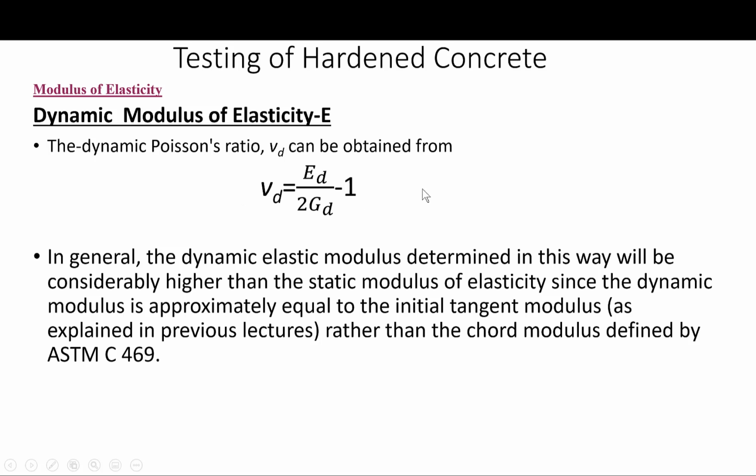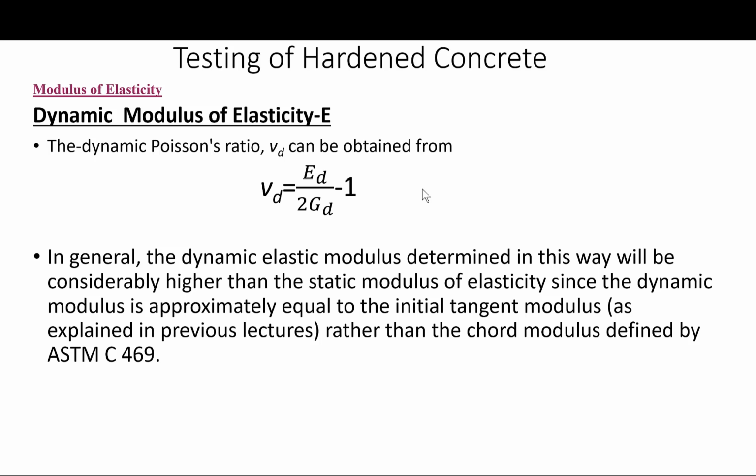Okay. So these are really very convenient methods, although these values may not be of 100% accuracy, but for comparison reasons, especially with other test results, they are very good. So in general, the dynamic elastic modulus determined in this way will be considerably higher than the static modulus of elasticity, since the dynamic modulus is approximately equal to the initial tangent modulus.